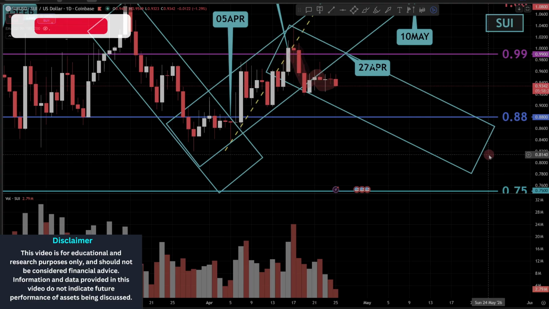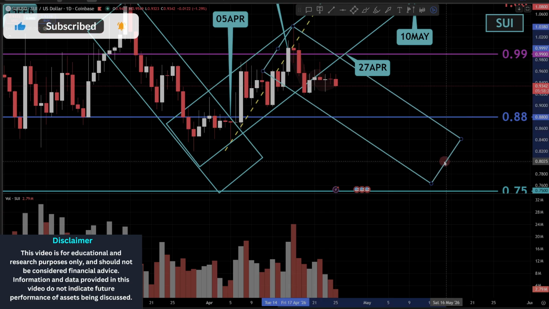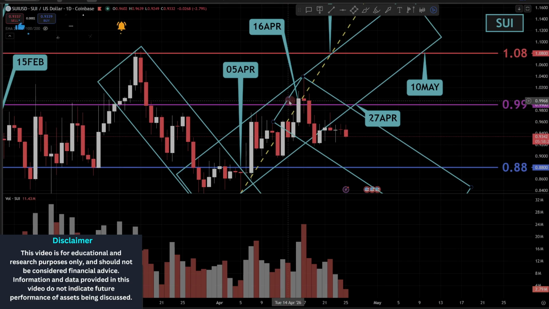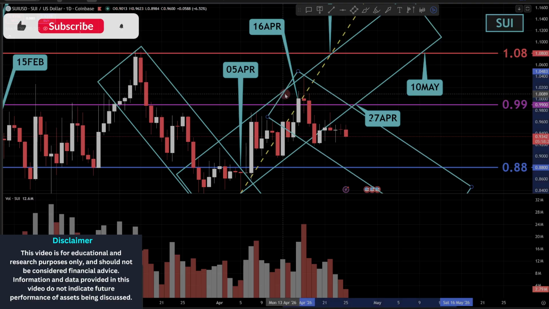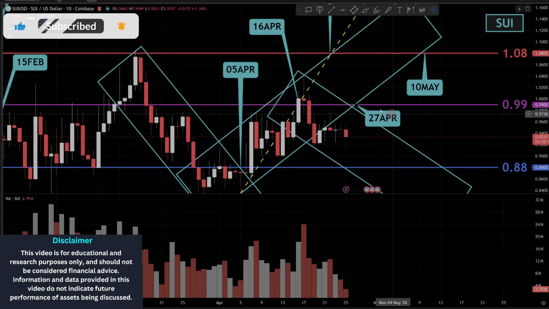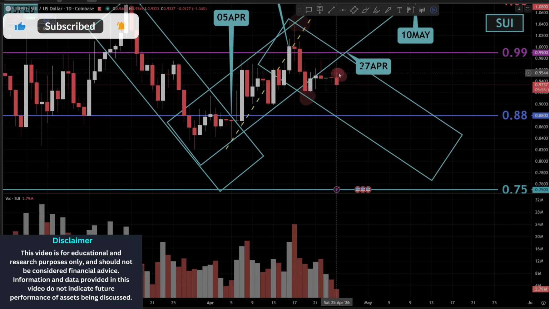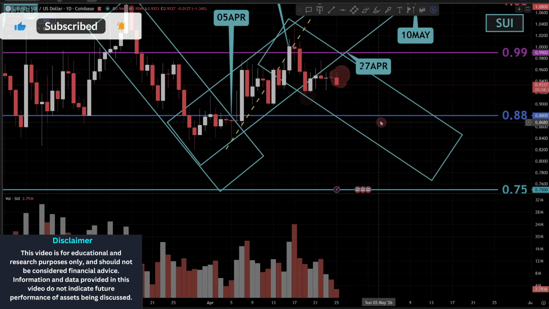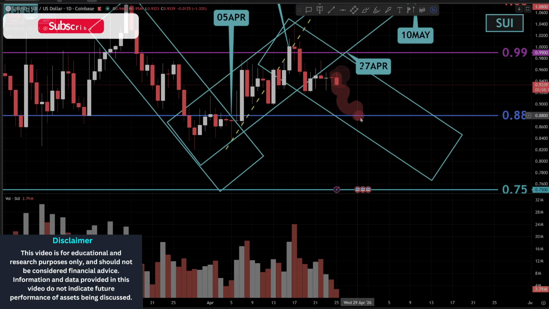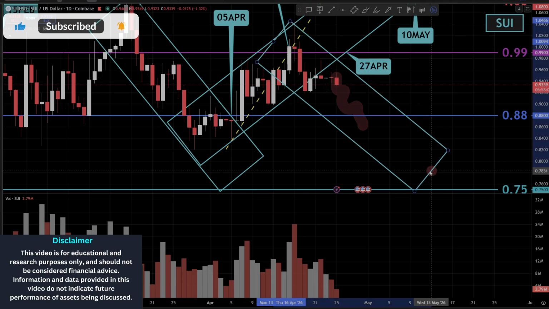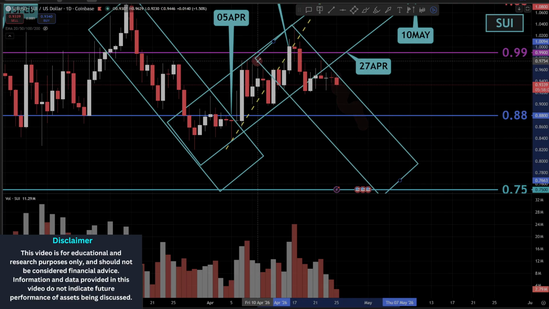Okay, if this is the beginning of a new short-term downtrend, where is it going to head to? The tricky part right now is that we have only 2 points to take reference. So depending on where this goes, if this is where it starts to continue to drop, that has to be adjusted.